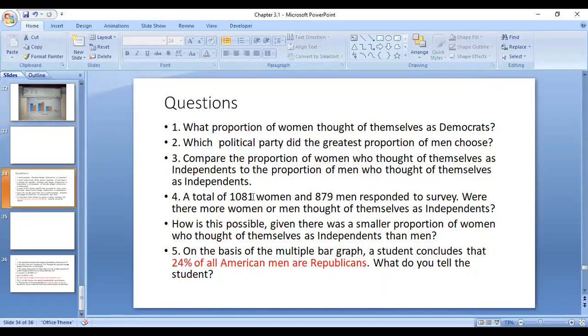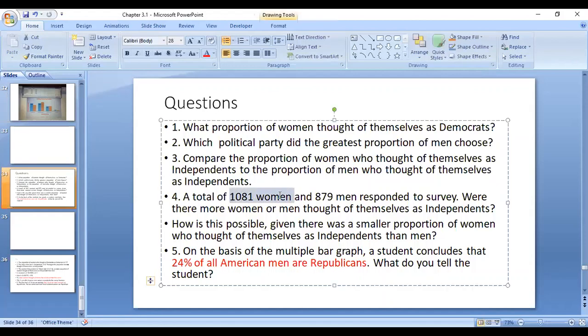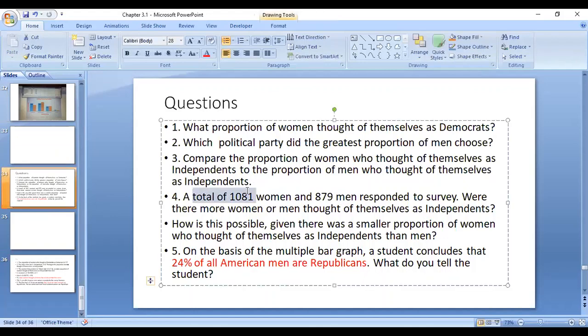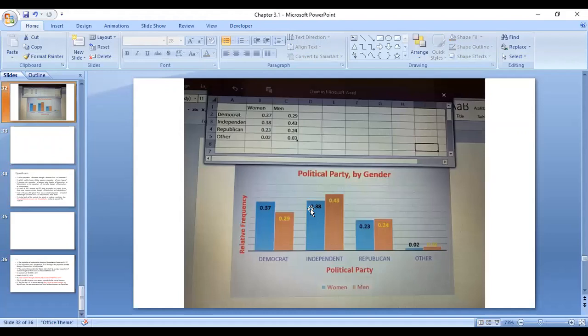Because the number of women in the survey is greater than the number of men. When you find the number of people, you write the total number, you multiply with the proportion, and you will find the number. Any question about that one?